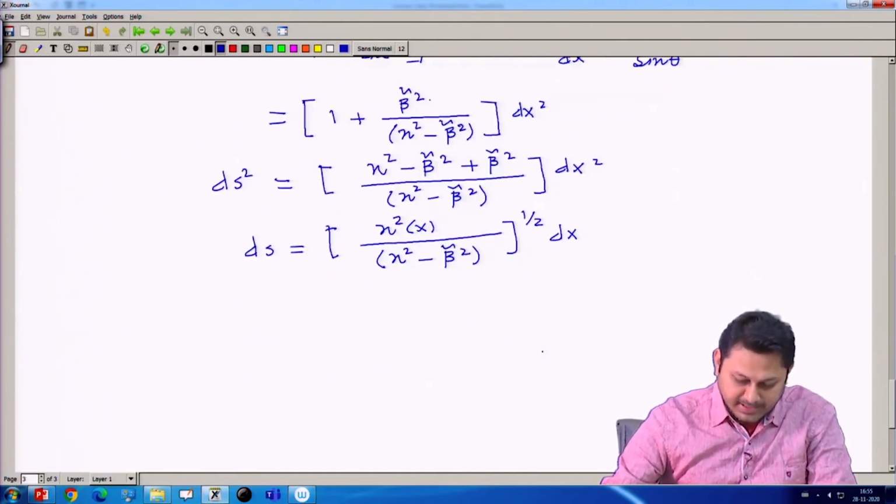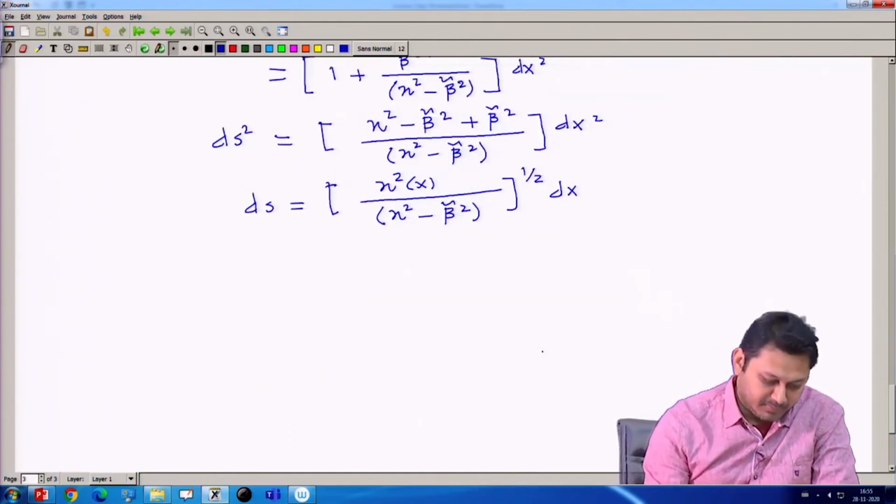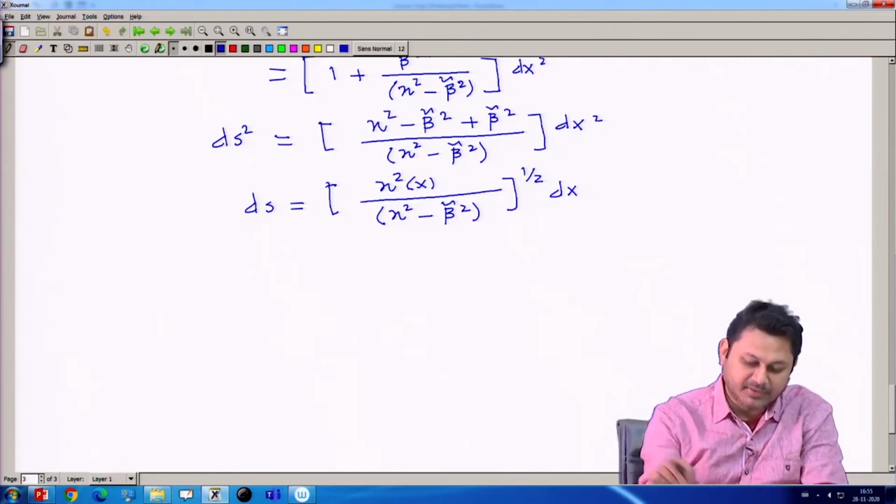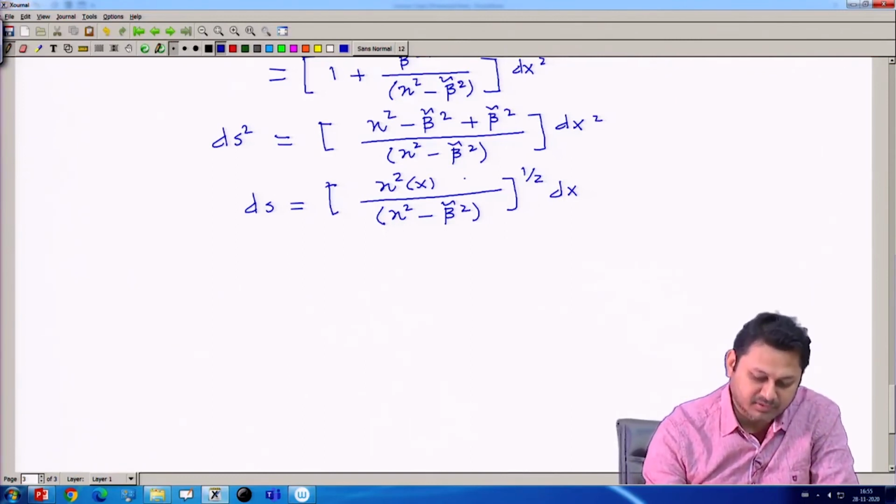So, in this calculation my goal is to find out ds in terms of n as a function of x, so that I can execute the integration.